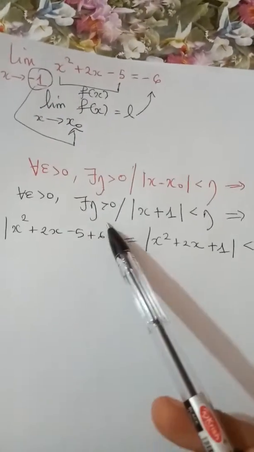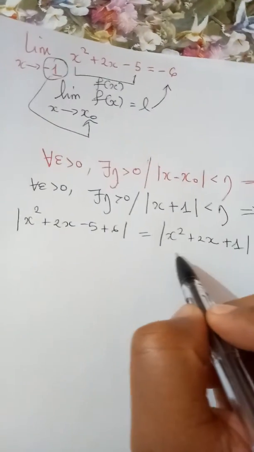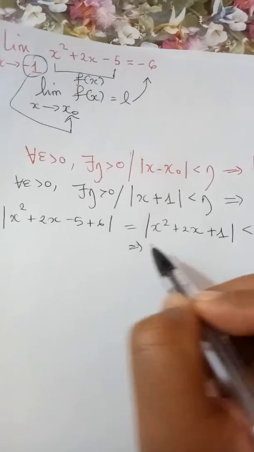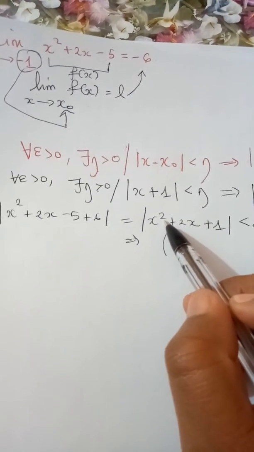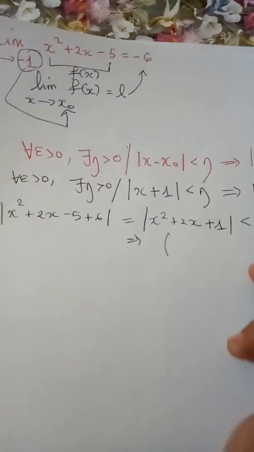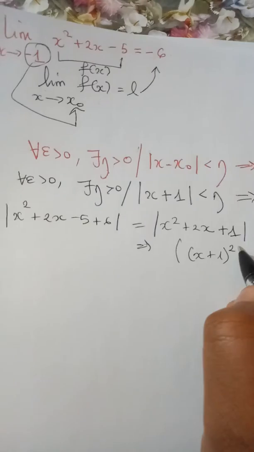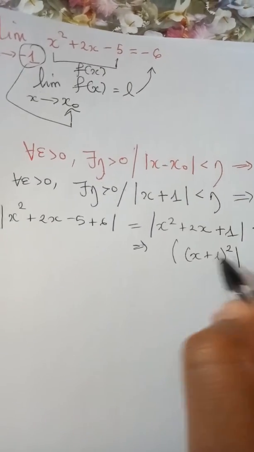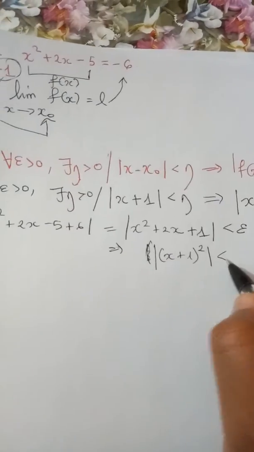I didn't change anything, I just worked this out. And this is the same thing as also saying x squared plus 2x plus 1. Remember, it's (x plus 1) raised to the power of 2, still in absolute value, less than epsilon.